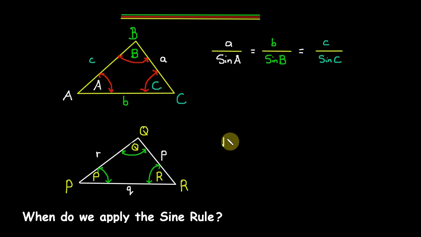Small p divided by the sine of angle P is equal to side Q divided by the sine of the angle Q is equal to side R divided by the sine of its opposite angle R.